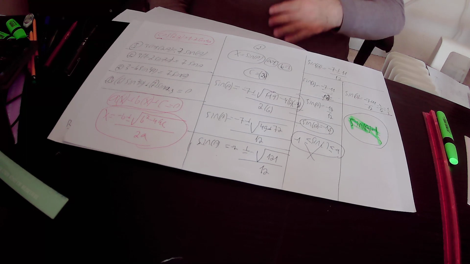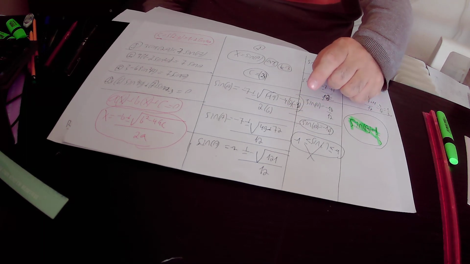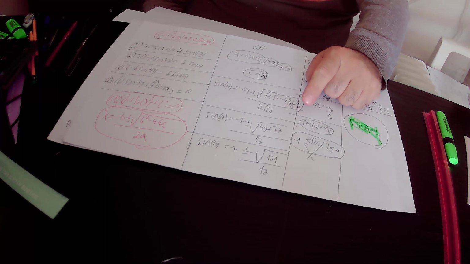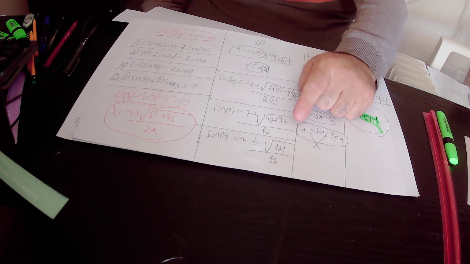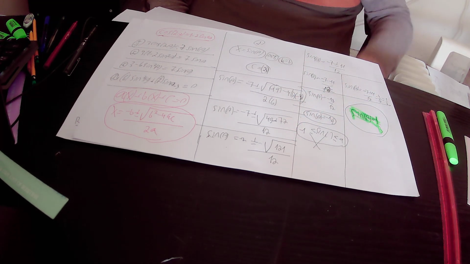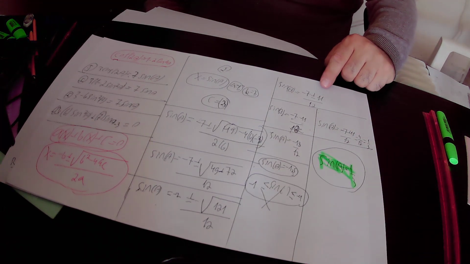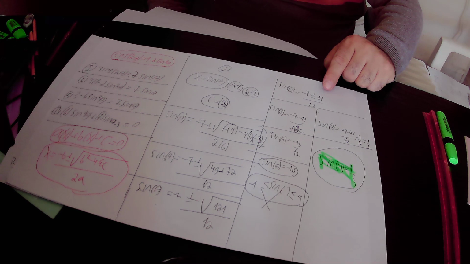We found that this expression equals 72, so inside the root we have 49 plus 72, divided by 12. 49 plus 72 is 121, and the square root of 121 is 11. So we found that sine theta equals minus 7 plus minus 11 over 12.